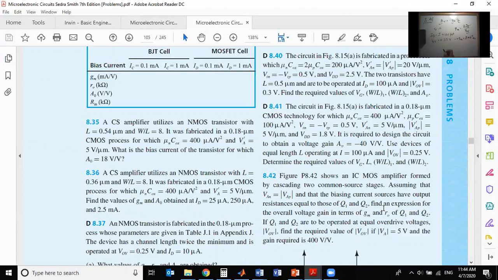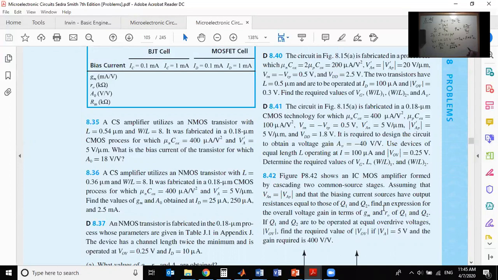Okay, now can we find L? Is there a formula for it? First of all, we find RO, right? So RO, according to this, is the magnitude of Av over gm. How much is Av? We just found that. Negative 40, so the magnitude is 40, divided by 8 times 10 to the minus 4.